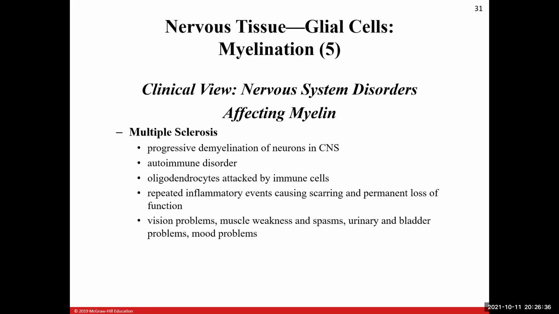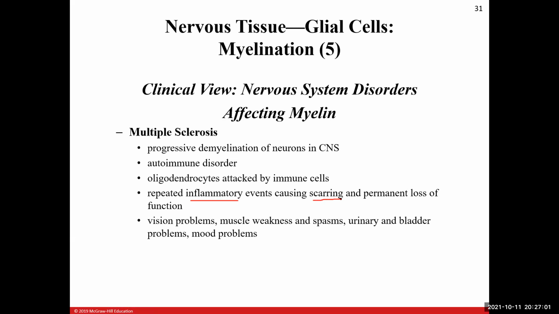Anytime you suffer damage, one of the first things that occurs in any type of tissue damage is inflammation, swelling. And when you get inflammation, you get degeneration of whatever that tissue is. As a result, your body tries to help and fix everything, and so you get scarring. We talked about what happens with fibrotic tissue.